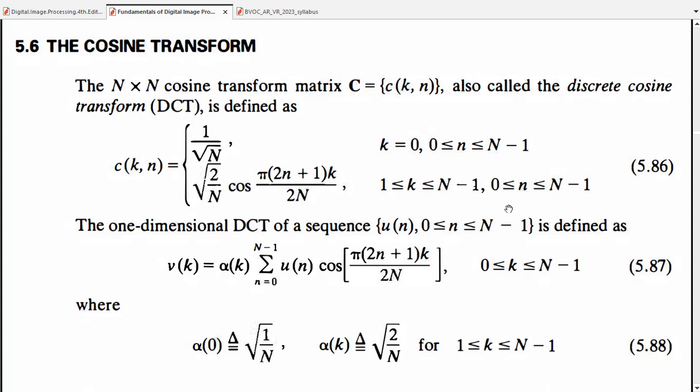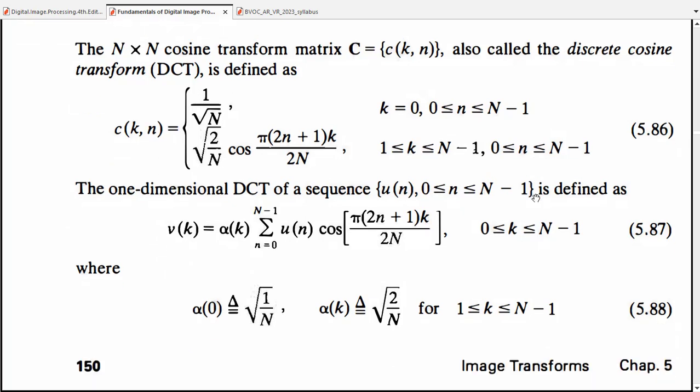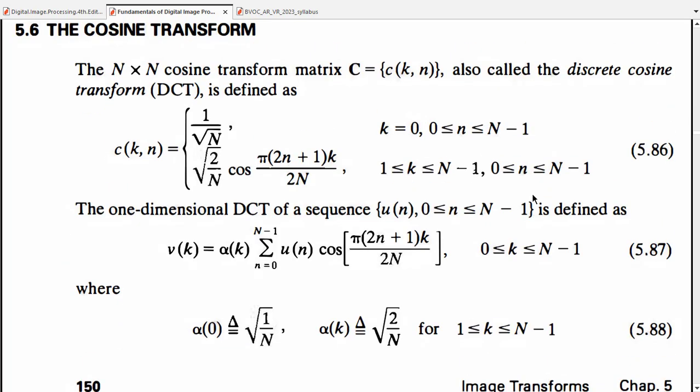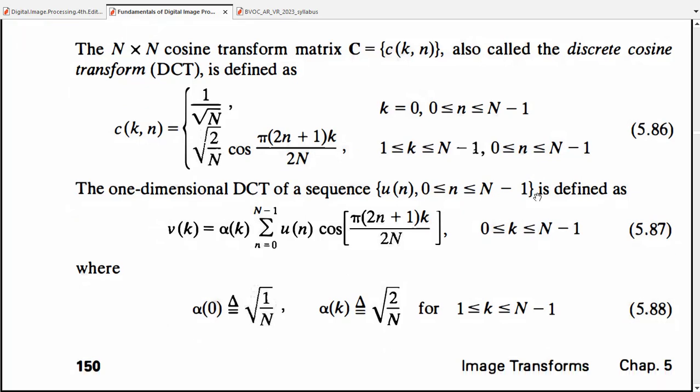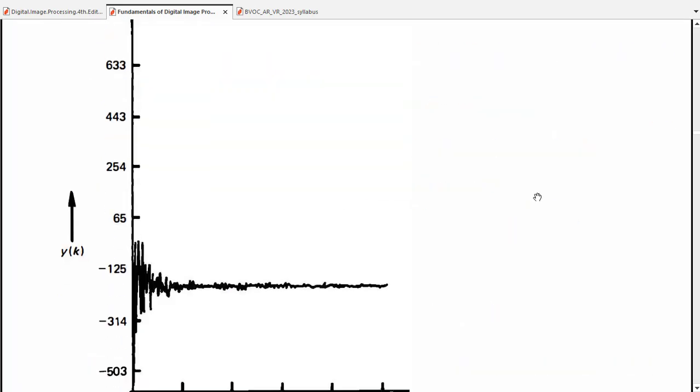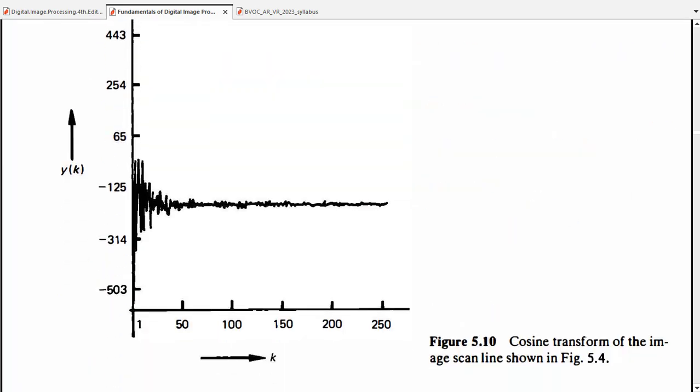In this case, the one-dimensional DCT of a sequence u(n) is represented by v(k) and alpha(k), the values of the one-dimensional DCT. As an example, the cosine transform of an image scan line is shown in figure 5.4.